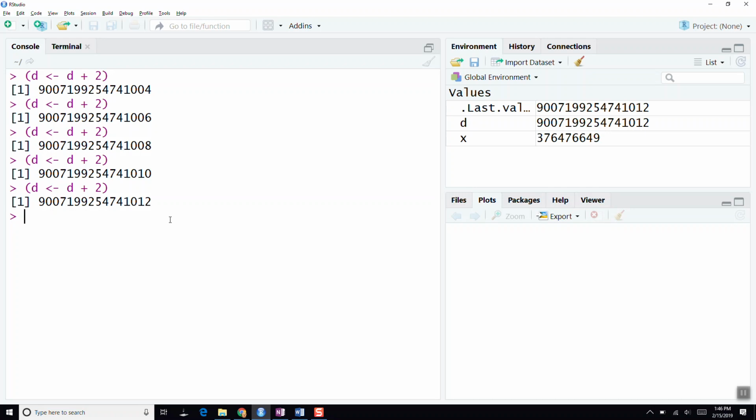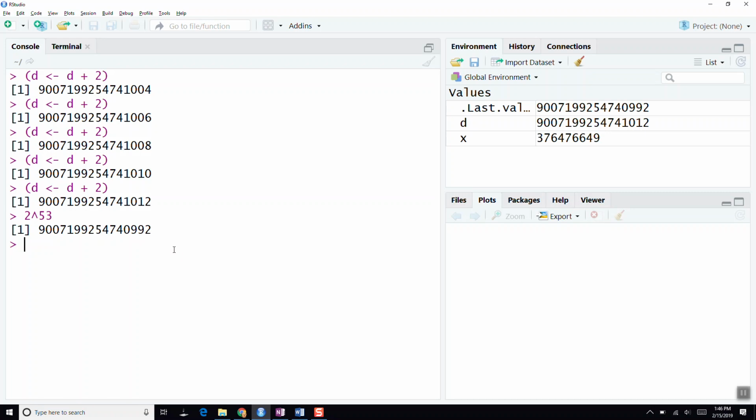Okay, so we're at 2 to the 53. I can't remember exactly, but basically, once we've reached this, our step size is now 2 at this point, okay?